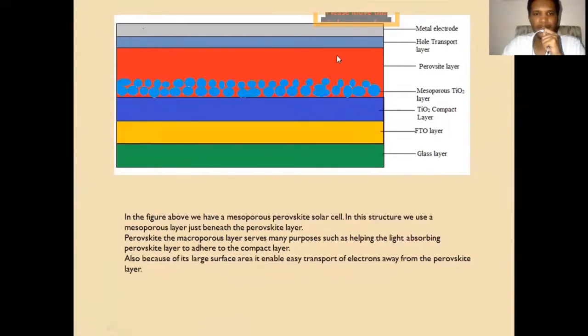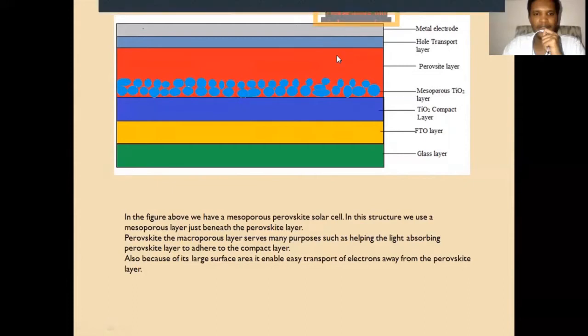To prevent this, we use this mesoporous TiO2 layer, which allows the recently injected electrons to be removed out of the perovskite layer. The same goes for the TiO2 compact layer, which allows us to remove the electrons that have been created from the electron-hole pair.